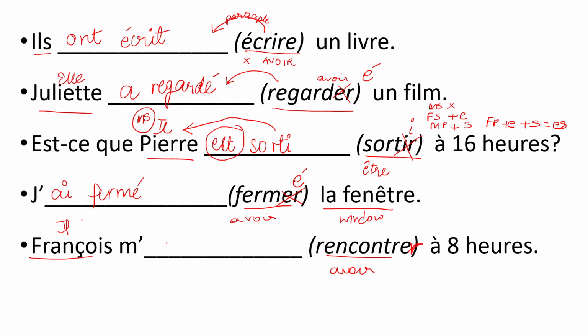So you have to put avoir for il is a. Now rencontrer you have to convert into the participle, which is a normal ER verb. So you cancel the ER and you put é, becomes rencontré, and that is how you get the participle. François m'a rencontré à 8h. Francis met me at 8 o'clock. Okay, let's go on to the next slide.